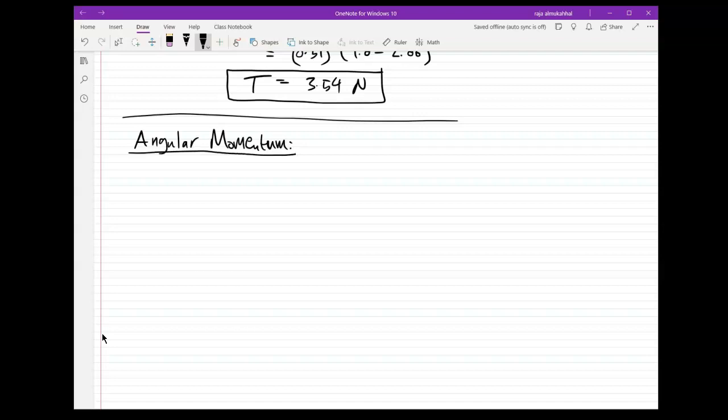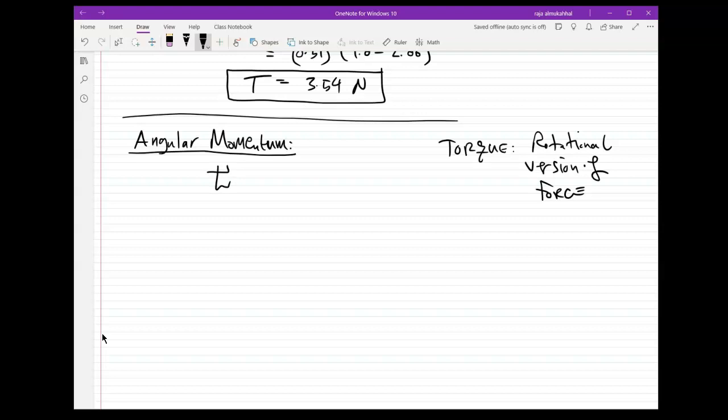Remember we said, what is torque? We said that torque is the rotational version of force. Well, angular momentum, by the way, the symbol of angular momentum is capital letter L, and it's a vector.